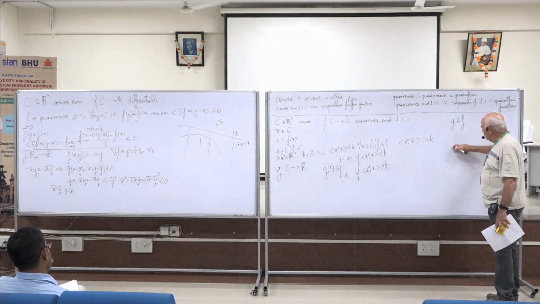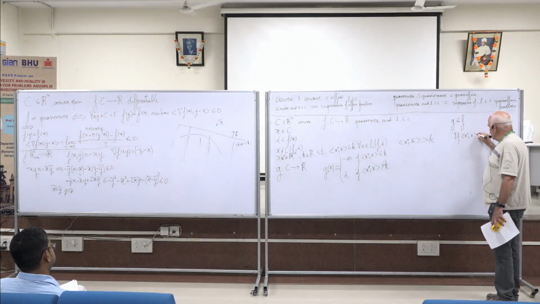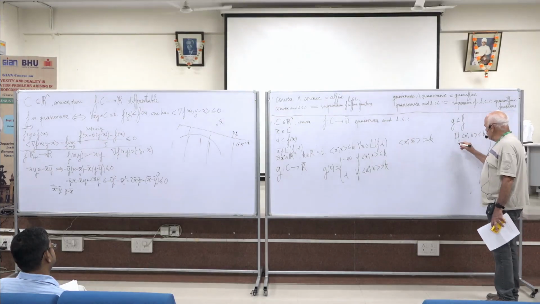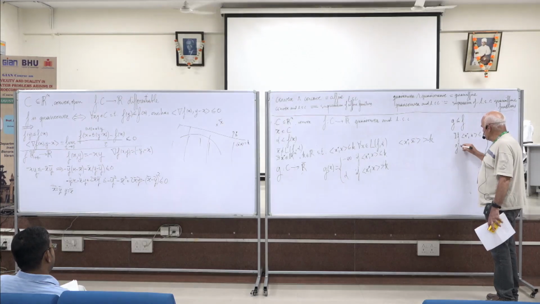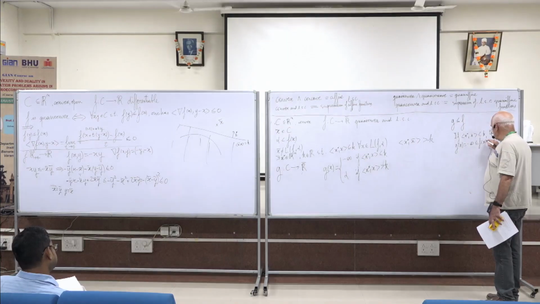First case, if x star x is less than or equal to k, then g of x is minus infinity, which is less than or equal to f of x.